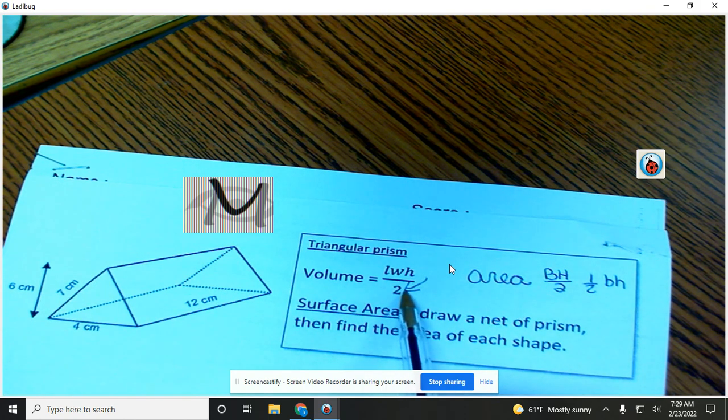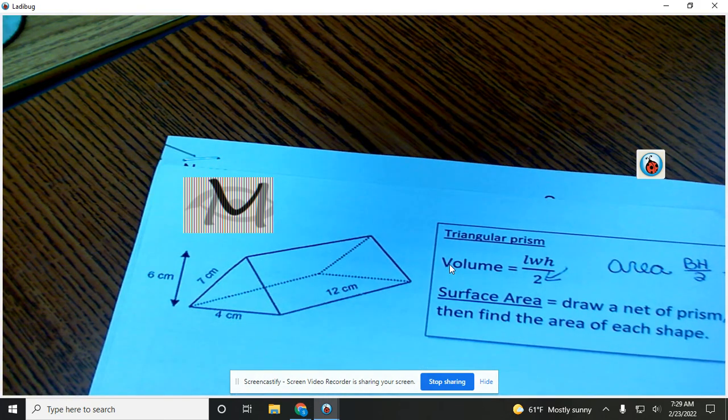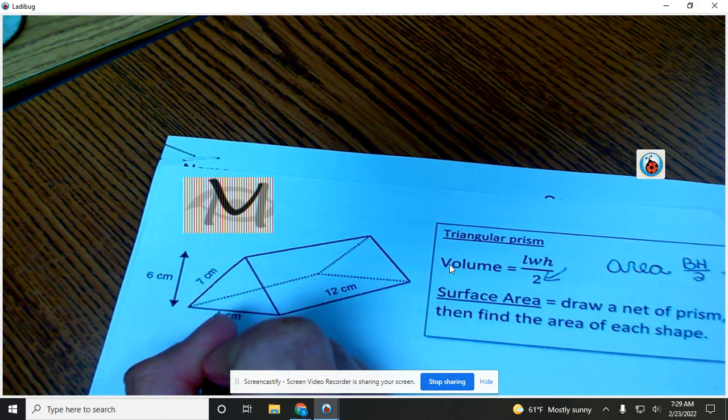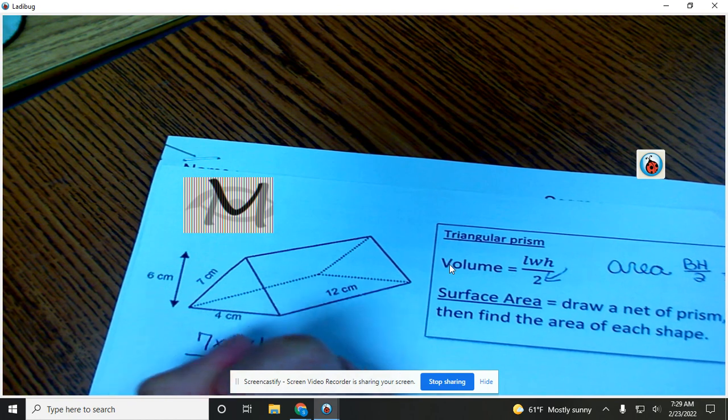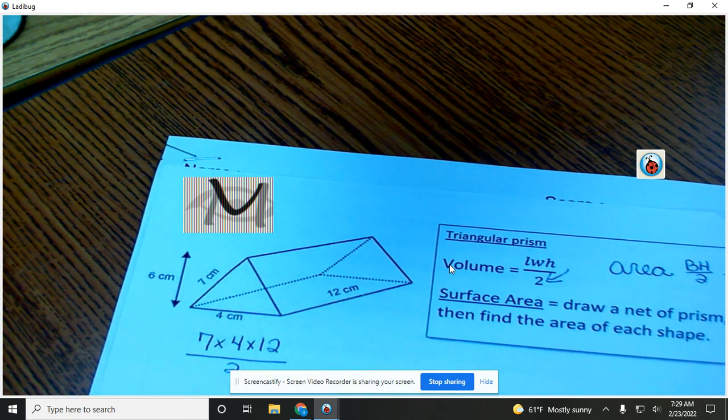So the only thing that we're adding on is the length of this. So if you were to look at this triangular prism, you're going to do 7 times 4 times 12, and then you're going to divide it by 2. So if we were to look at this in the calculator, let me go grab a calculator real quick.